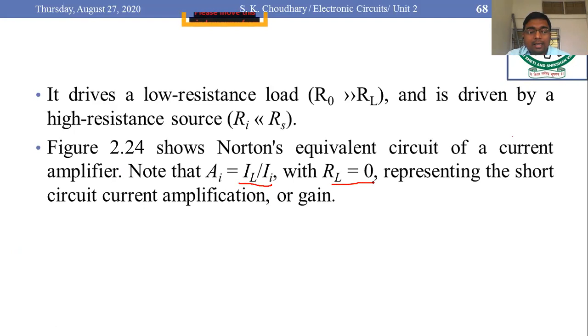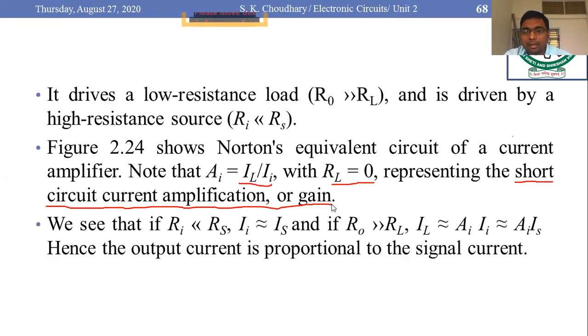By keeping RL as 0 here, you can define a proportionality factor that is called the short circuit current gain. Because RL is 0, you can say it is the short circuit current gain, or simply called current amplification or current gain, AI, that is equal to IL upon Ii.